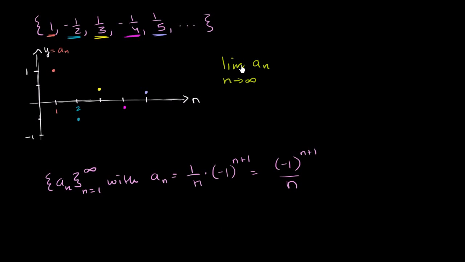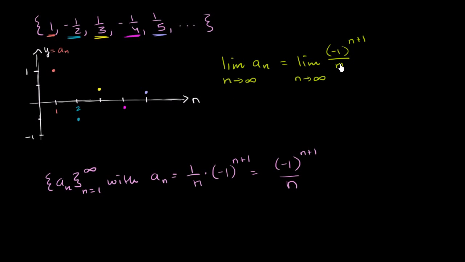And so asking what the limit of a sub n as n approaches infinity is equivalent to asking what is the limit of negative 1 to the n plus 1 power over n as n approaches infinity. Remember, a sub n is just a function of n, where we're limited to positive integers as our domain.